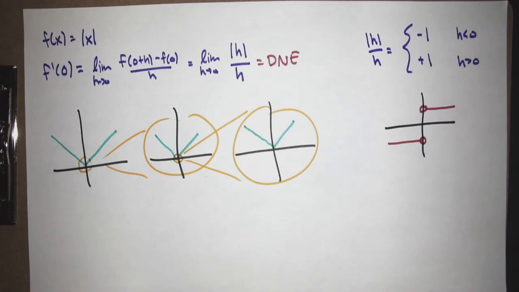So derivatives may not exist. I usually say the problem is that the absolute value has a bit of a kink, a sharp bend at 0, and so the derivative doesn't exist.